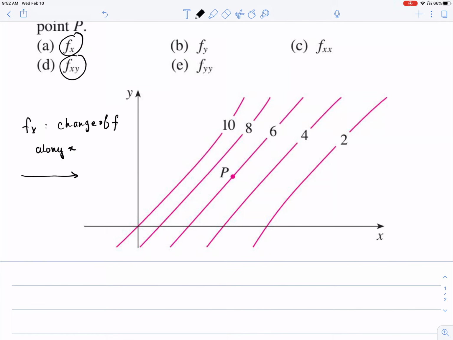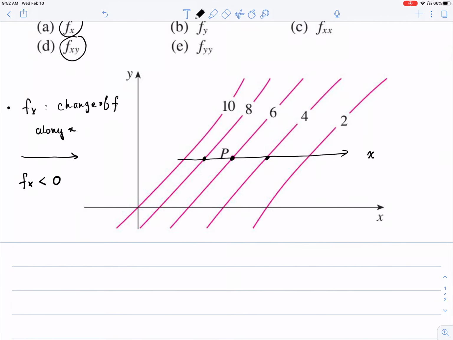Now the x direction, P is over here, so this is the x direction. And we look at the value. You can see here the value is 8, and here the value is 6, and here the value is 4. So the value along this line is decreasing. So what we have over here, f_x, the partial derivative, is negative. So this is 1.